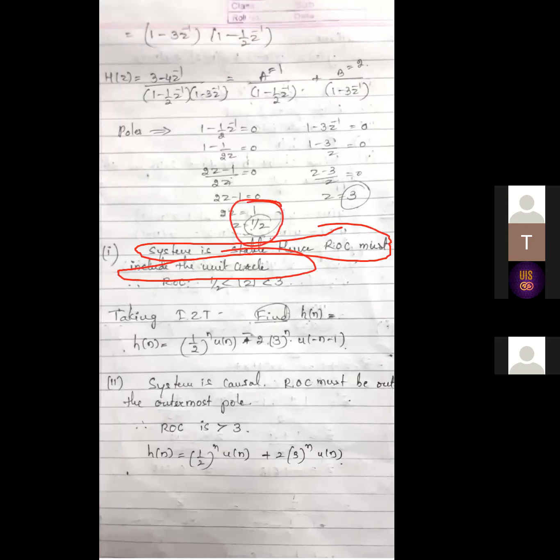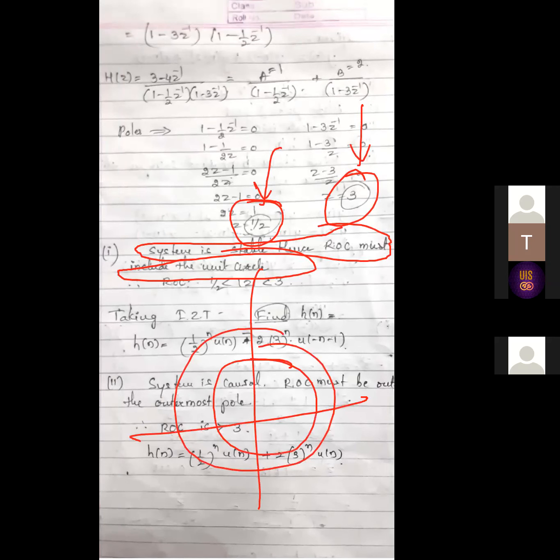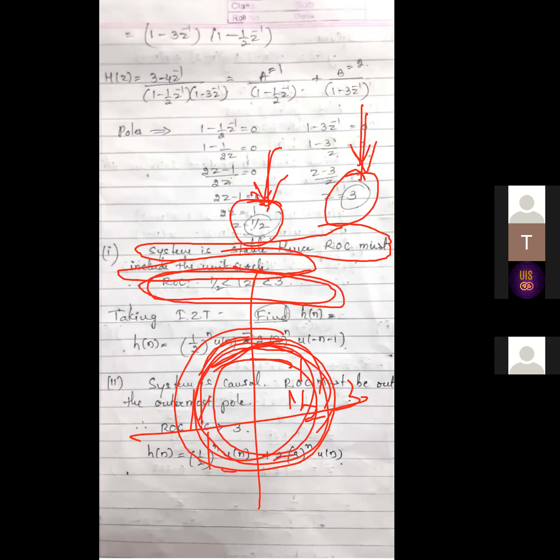According to our given pole values, one is half and the other one is 3. If our ROC is in between half and 3, then the system becomes stable, and the ROC will include the unit circle also.